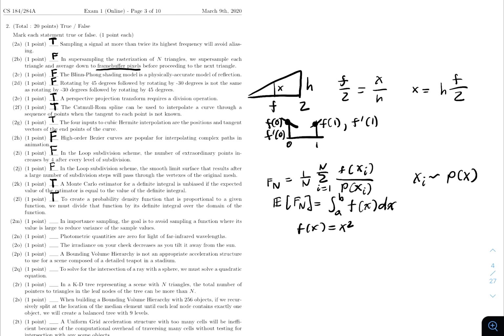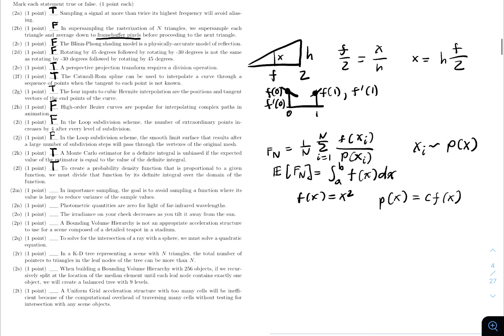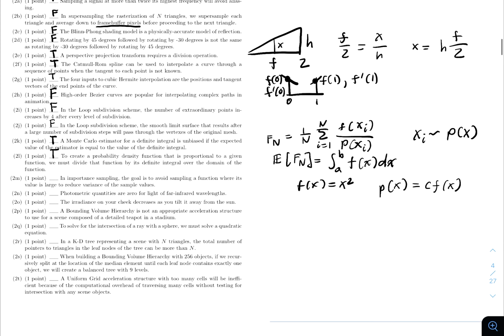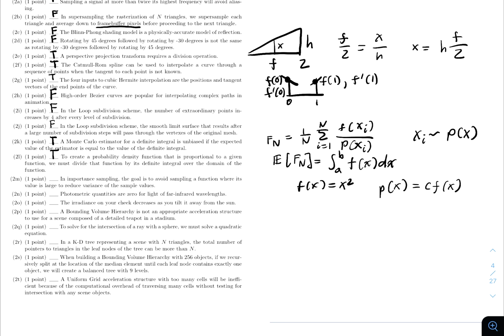We would like to estimate some proposal p of x that is proportional to f of x. But in order to compute what this density is, we'll need to normalize it. That's where this normalization constant c comes from, and it's computed by integrating f over the interval.